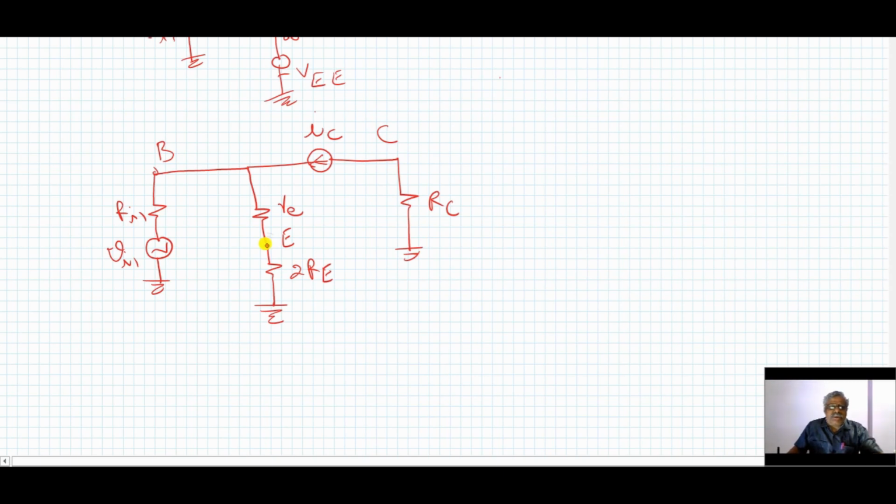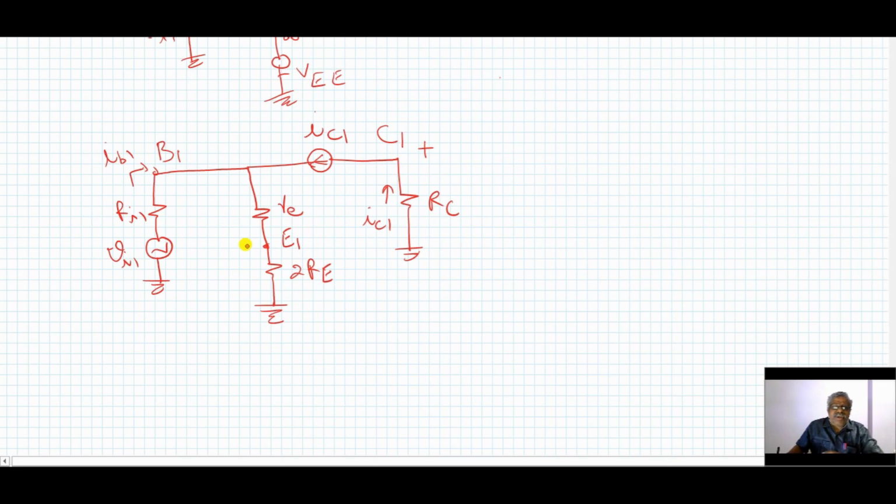So the AC equivalent circuit can be drawn like this, and the current flowing through the base terminal is IB1. Current flowing through the collector terminal is IC1. Because we are considering transistor 1, the terminals we can represent with base 1, emitter 1, collector 1. The current flowing through this collector resistance RC is IC1, with this end positive. We can take that, no problem, because we are considering separately.